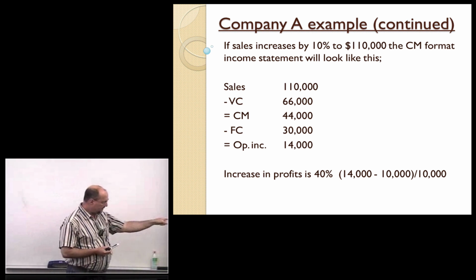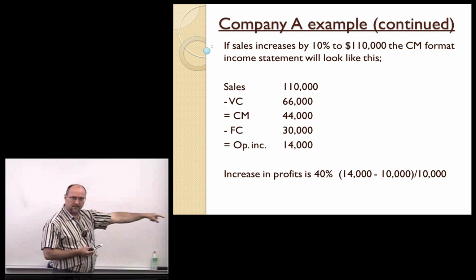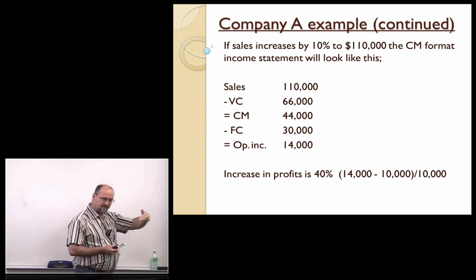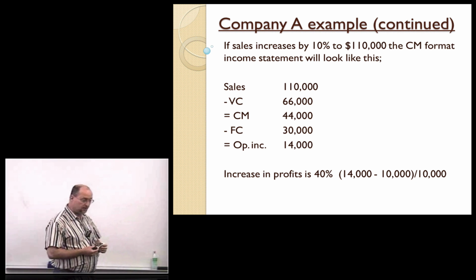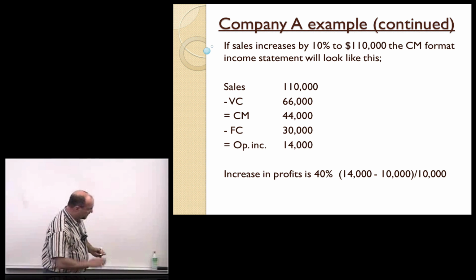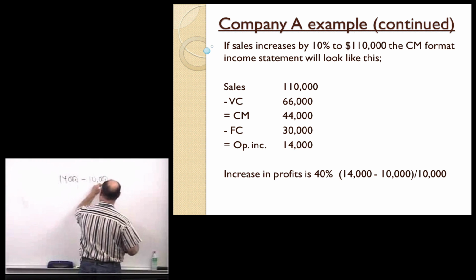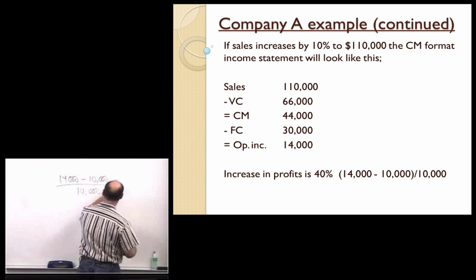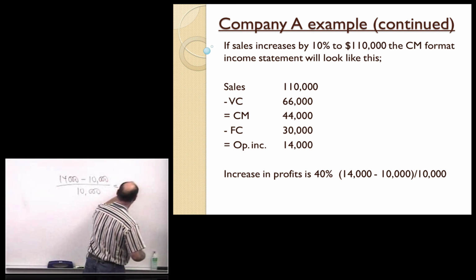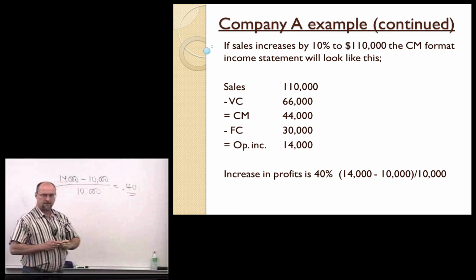And let's just do the math. Profits did in fact go up by 40% because our leverage was 4 times. So revenue went up 10%, 10 times 4, profit goes up 40%. Our formula would be current year profit minus previous year profit divided by previous year profit. There's our 40% increase.